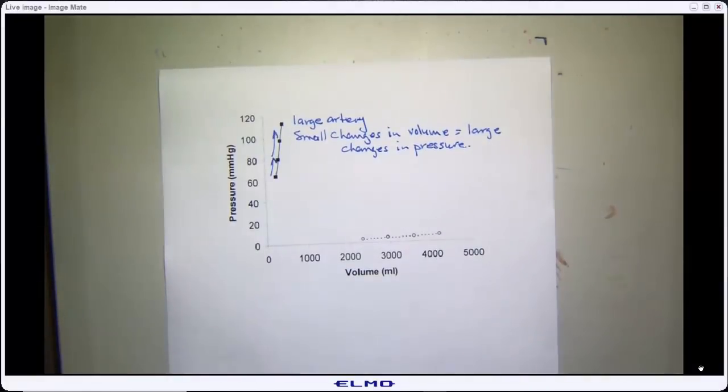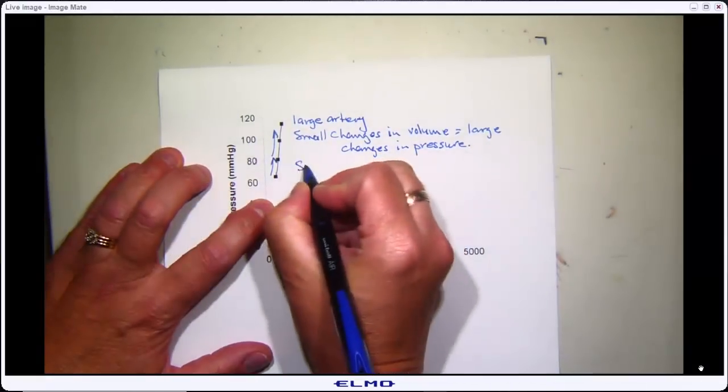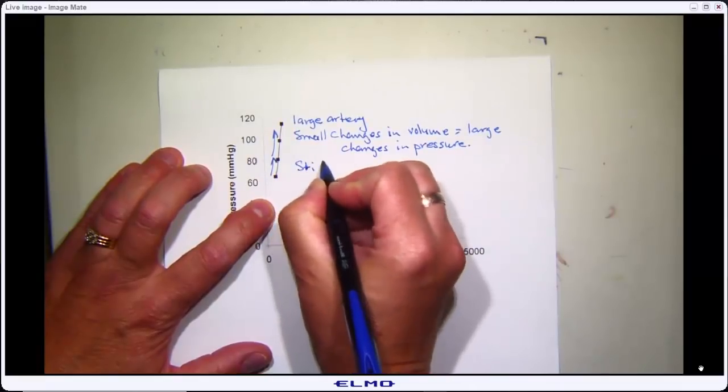And these are physiologically relevant volumes as well. This is not just an experiment that we've pulled the volumes out of nowhere. Okay, indeed, you do not have large volumes in the aorta or in the large arteries. Okay, so this tells us this is a really stiff, rigid compartment.